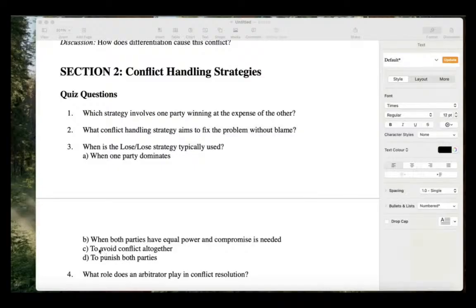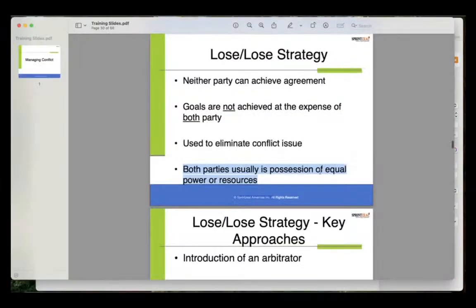And if you go with the option that you have selected, which is to avoid conflict altogether, it is not about avoiding conflict. We are not using the avoiding style here.